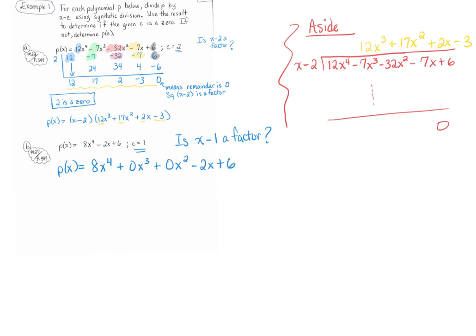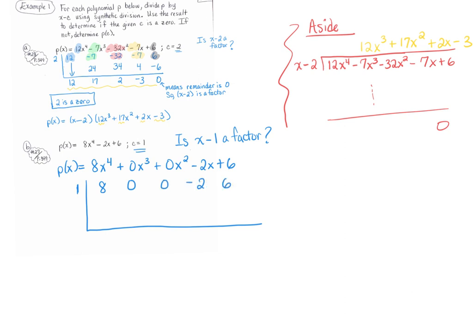Placeholders we need whenever we're doing synthetic division. Okay, so we have our 1 here. Then we take our coefficients, 8, 0, 0, negative 2, and 6.